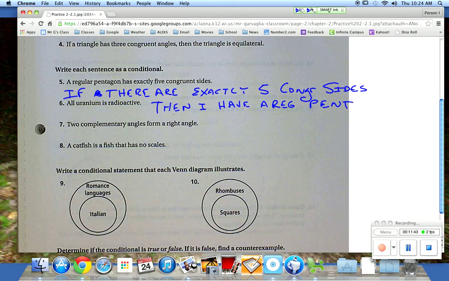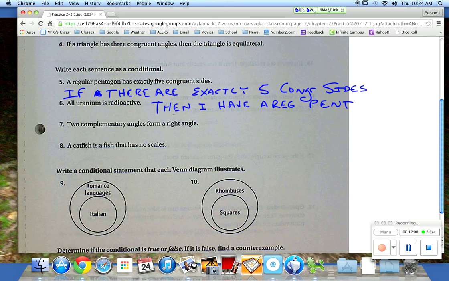All right. So what is the conditional statement on this? Let's start off with Trevor. What's the conditional statement for this one here? Two complementary angles form a right angle.